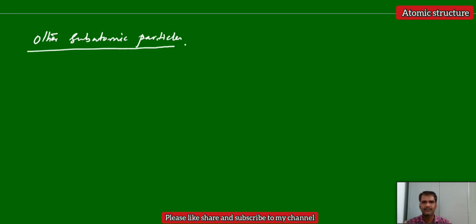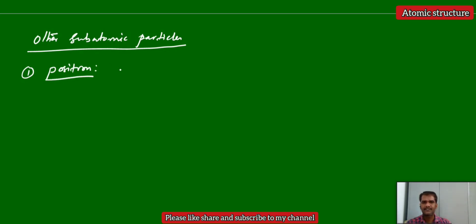We know that an atom further consists of a huge number of subatomic particles, in that mainly electron, proton, neutron we can consider the fundamental particles of atom. But apart from that we have others also. They are like positrons, mesons, neutrinos, antineutrinos. Let's see first the subatomic particle of atom, the positron.